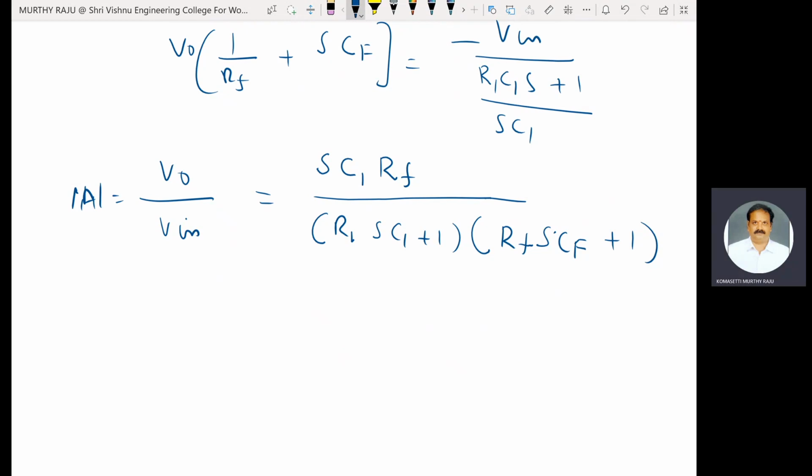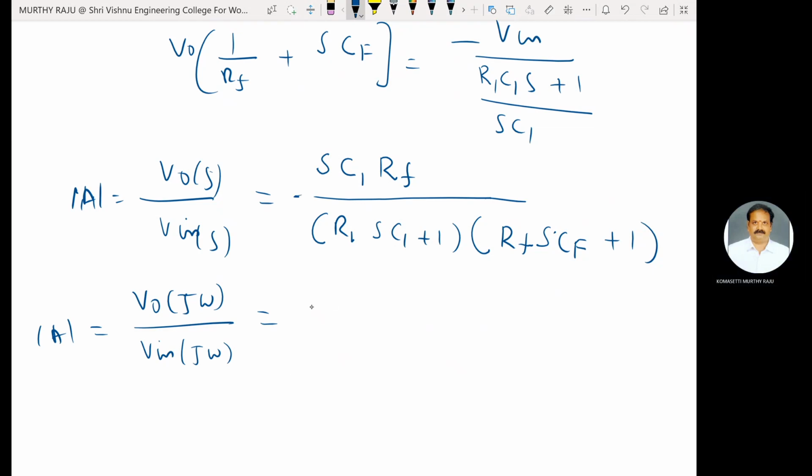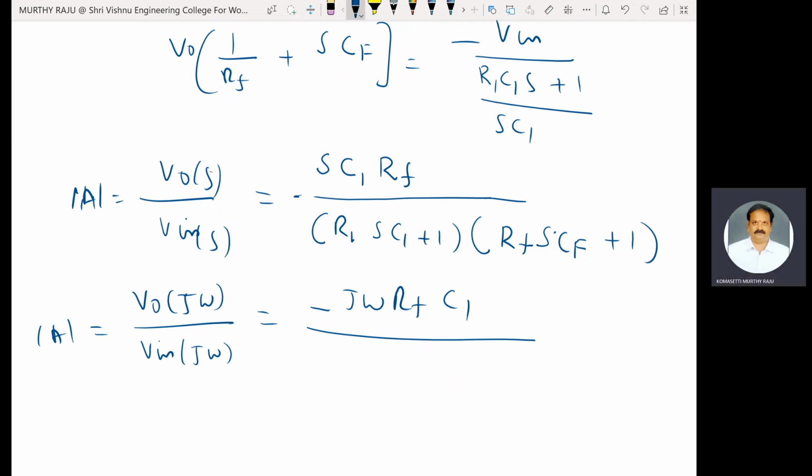The gain of the practical differentiator is V0 of S by V in of S, with S equal to J omega. That is equal to minus J omega RF C1 by, to determine the frequency response, let us obtain the expression for the gain of the practical differentiator in terms of frequency.